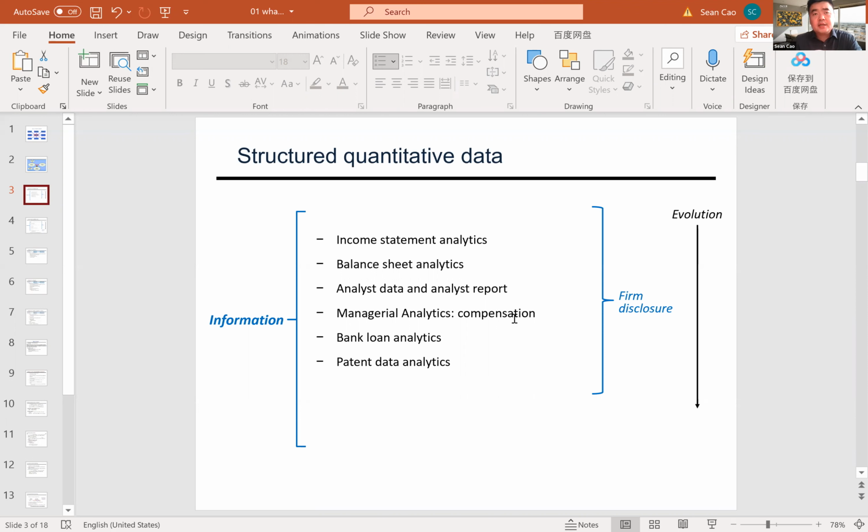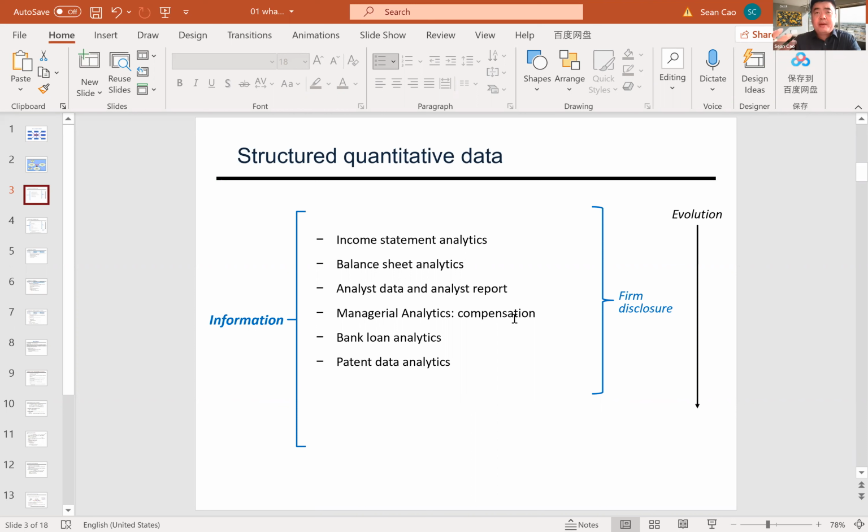And another data is patent data. Patent data is where a firm has a lot of patents. So for example, Johnson and Johnson developed the vaccine for COVID-19. So this is a patent.